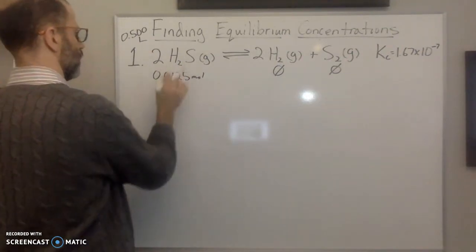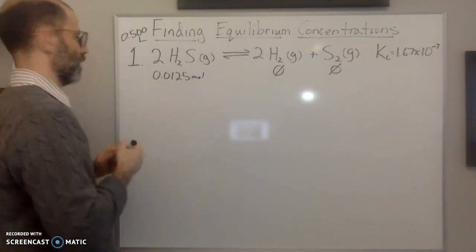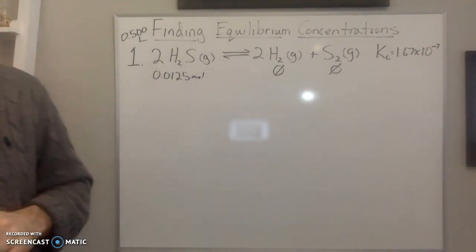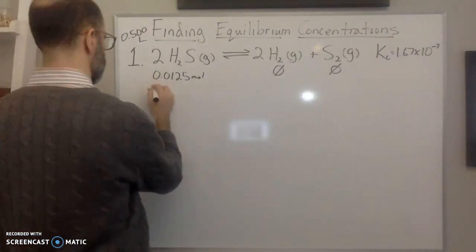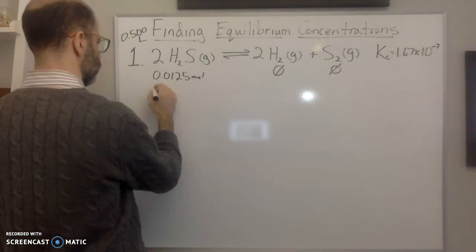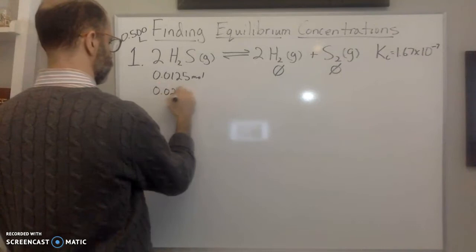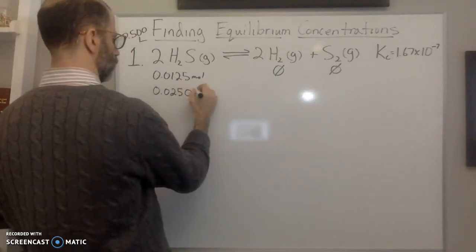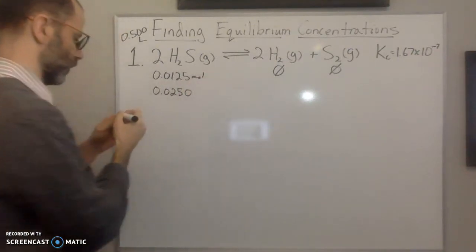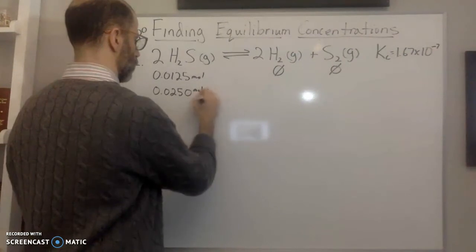So if we take 0.0125 and divide that by 0.5, that's the same as multiplying by 2. This then becomes 0.0250 moles per liter.